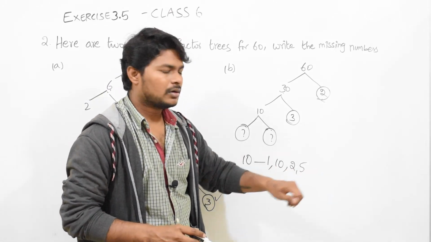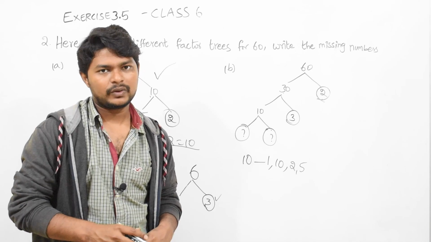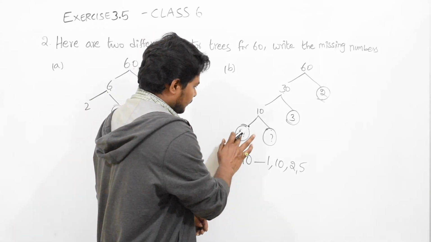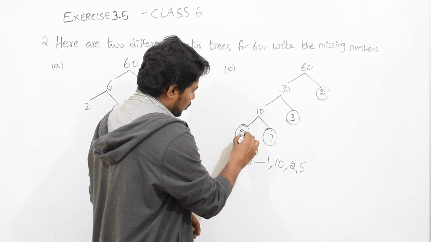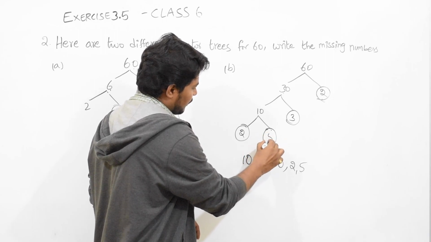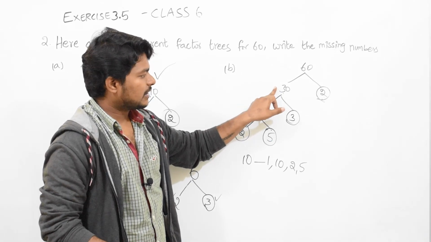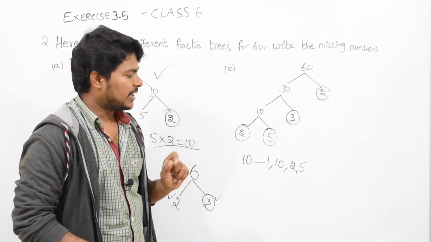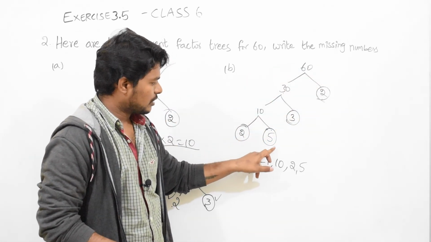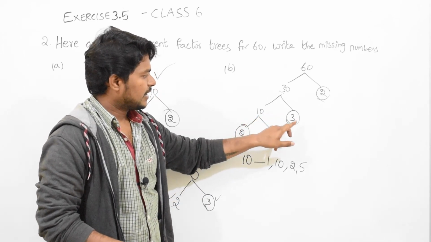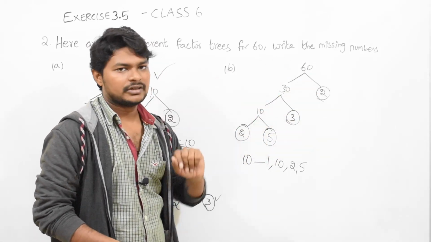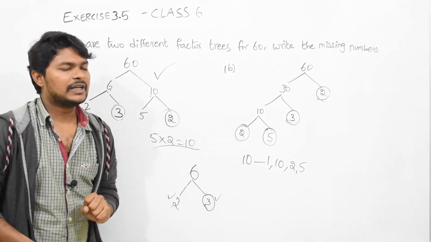Factors of 10 are 1, 2, 5, 10. Here this should be 2 and this should be 5. 2 into 5 equal to 10, 10 into 3 equal to 30, 30 into 2 equal to 60. Or this can be 5 and 2 also. 5 into 2 equal to 10, 10 into 3 is 30, 30 into 2 is 60. That is how you need to fill the answers.